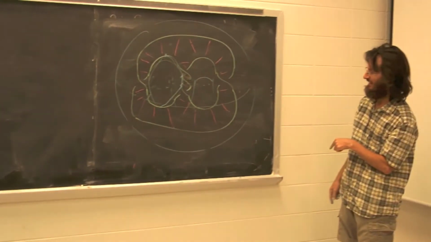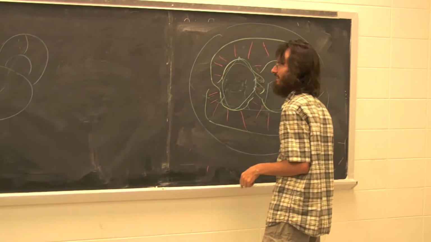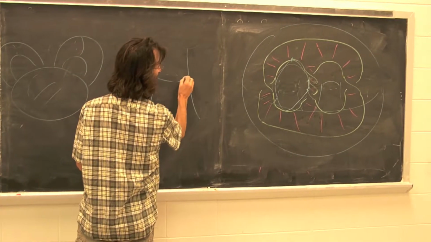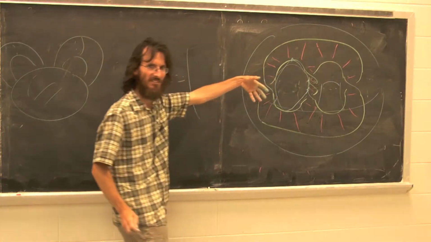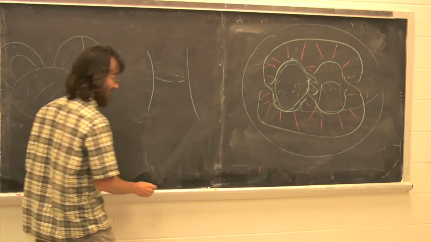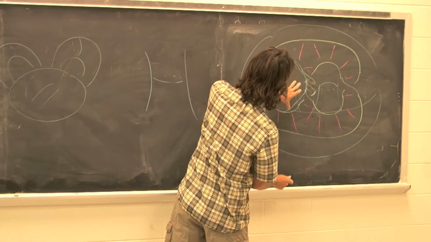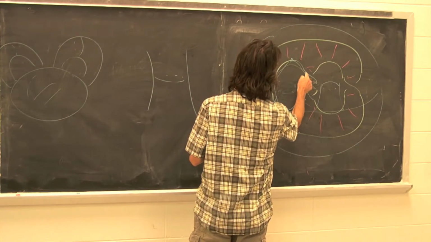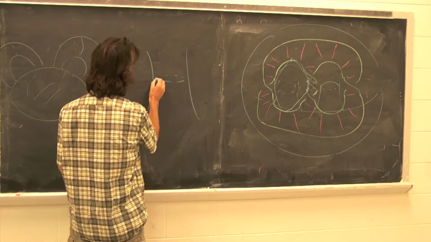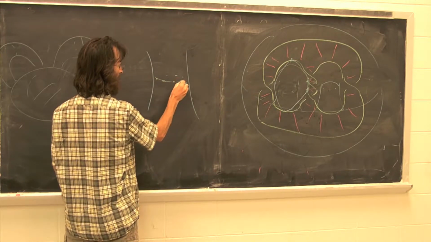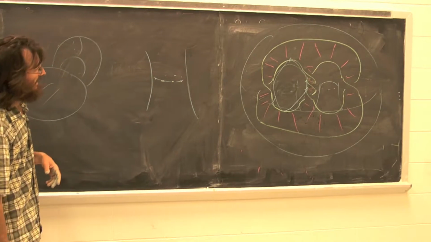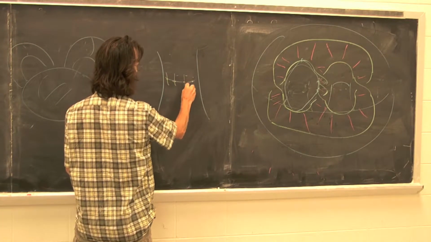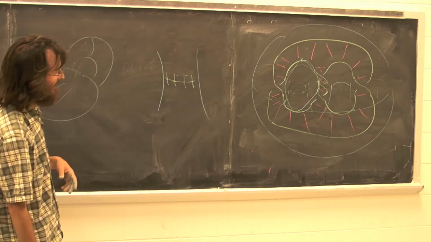What I claim is that it looks like this. I want to take this picture and turn 90 degrees, right? And say front comes up. Then we're going to have 1, 2, 3, 4 points where it crosses. And I'll try to go all in front, and then we have 4 strands coming through here.